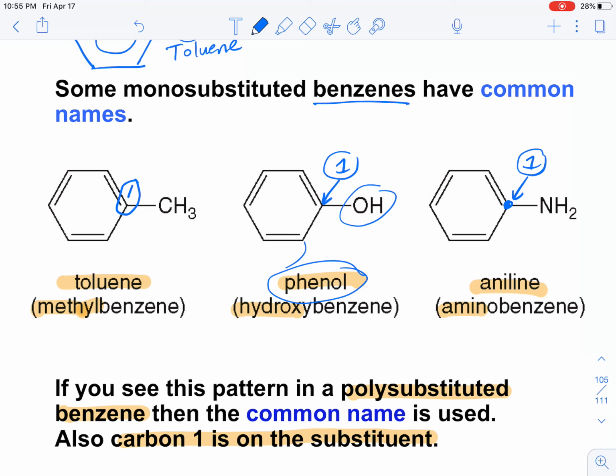Okay. So that really helps us when we're naming polysubstituted benzenes in terms of figuring out where carbon number 1 is. We just have to figure out if it rotates, whether the numbering system is going to go clockwise or counterclockwise.